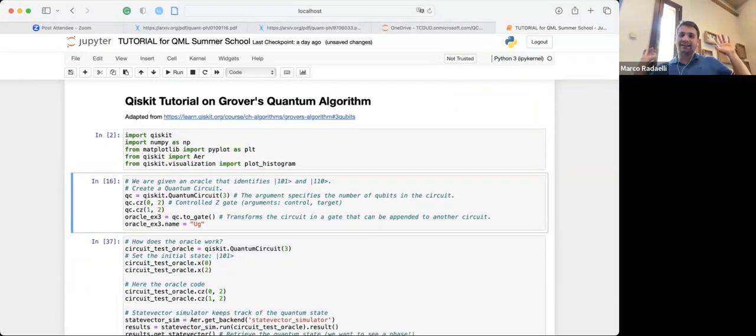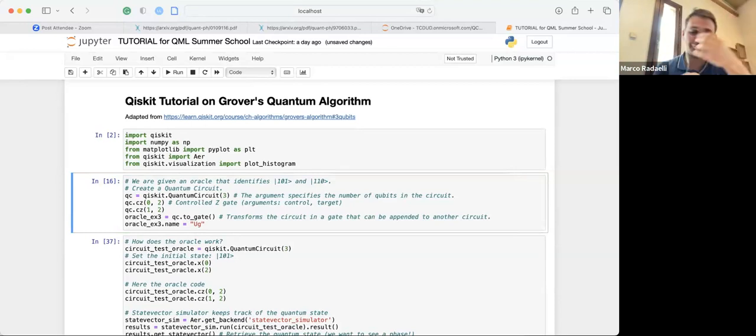Now, as I said earlier, we do not deal with how to build an oracle. The idea of Grover's algorithm is that you are given an oracle. Somehow, someone is giving you an oracle. By the way, this is a weird thing, because in a sense, the person giving you the oracle needs to know the solution, or at least a way to easily determine the solutions.